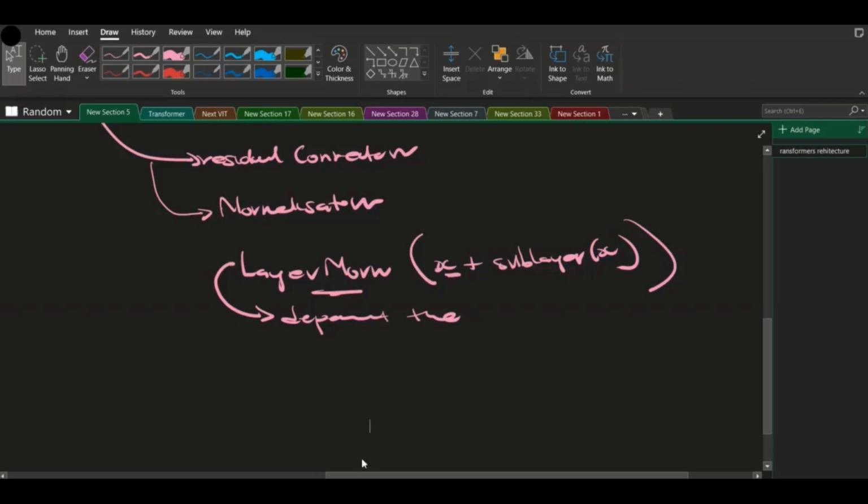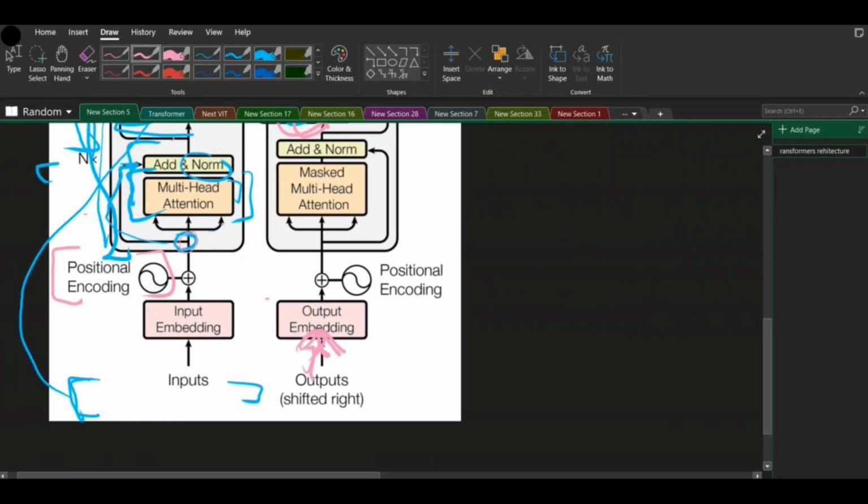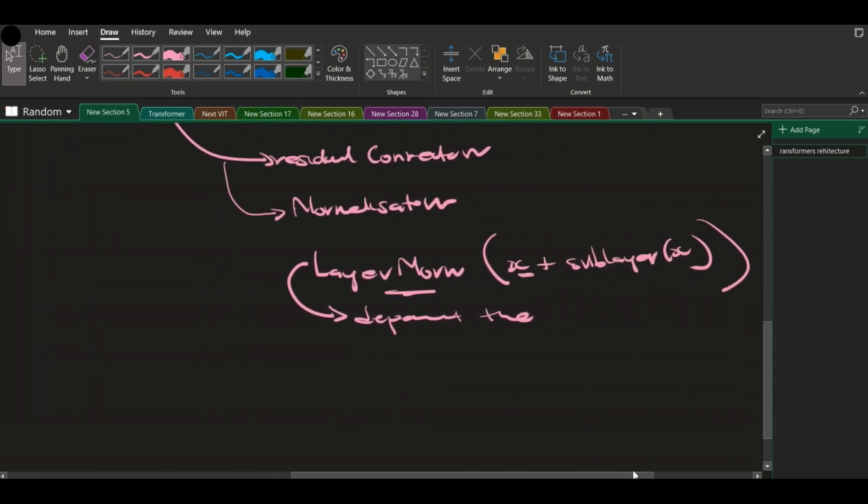Okay, so let's look at another component. We have this component here called positional encoding. So what does it do? Transformers do not have recurrence, unlike recurrent neural networks, so it will be hard for them to capture the position of each word.